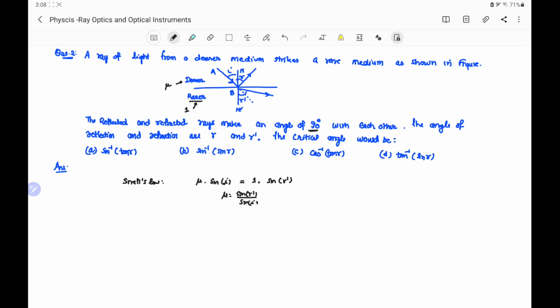It is given that the angle between the reflected ray and refracted ray is 90 degrees.